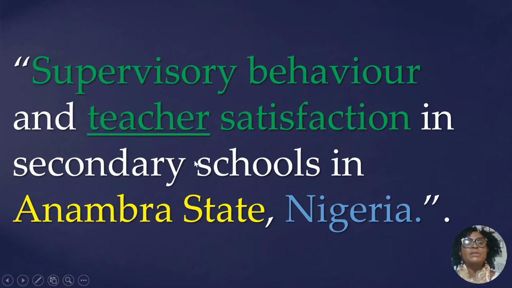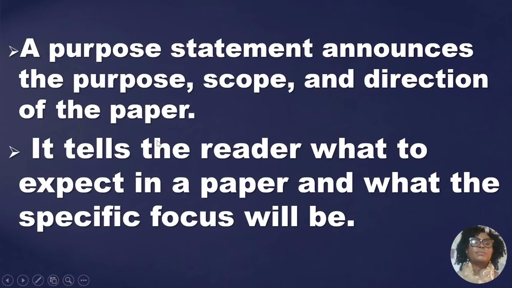Then we are talking about the location. The location is Anambra State in Nigeria, and you want to look at what is happening in secondary schools. Then turning that into a purpose, we say a purpose statement announces the purpose, the scope, and the direction of the paper. It tells the reader what to expect in a paper and what the specific focus will be.